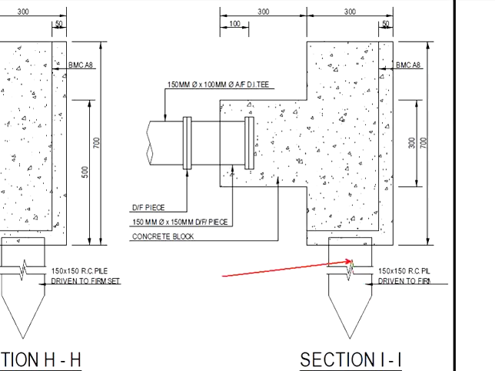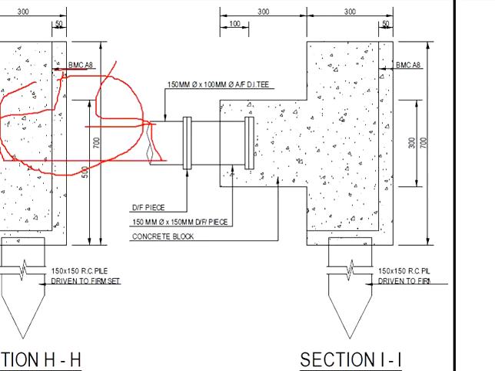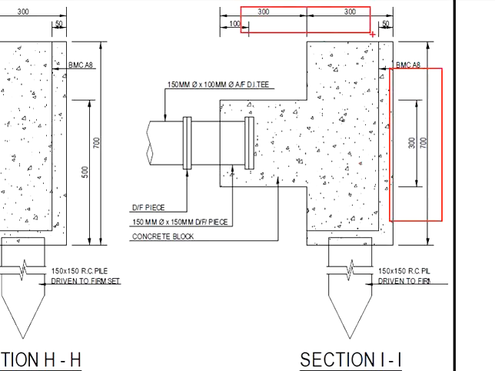This is the 150 RC power, and then this is the end of the pipe, which is later to be connected with a T-joint and sluice valve plus the fire hydrant. The dimensions are given here and the reinforcement.